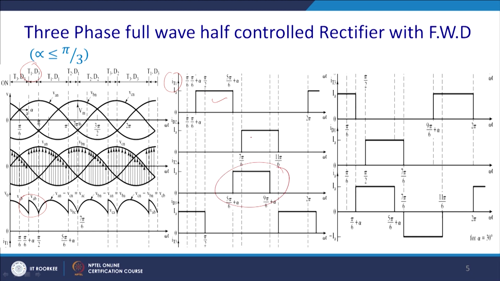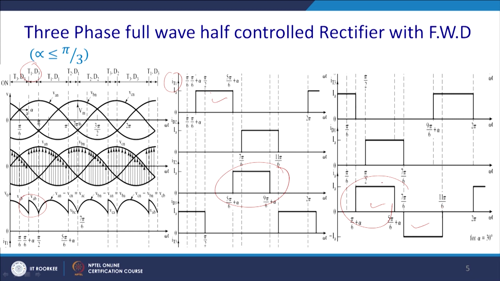If you combine, this will be the phase current, and you can see that the symmetry is lost. Previously we had symmetry, and ultimately you got this kind of input current, that is our contention now.